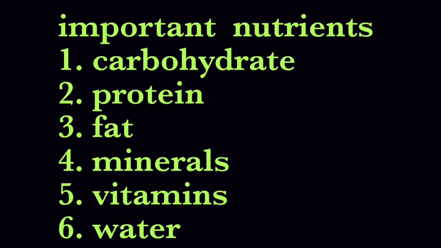The important sources of these nutrients are: carbohydrate we obtain from our chief foods, rice, tubers, fruits, etc. We get protein from legumes, meat, etc. Edible oils are the main source of fat, and egg also provides fat.